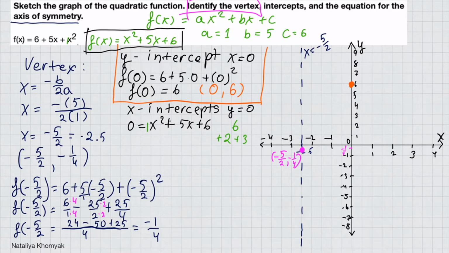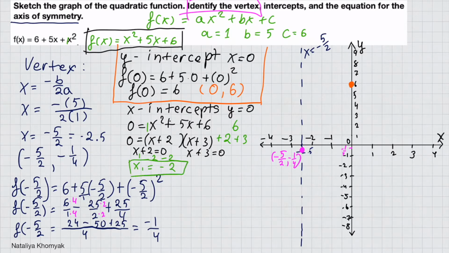Since the leading coefficient of x squared is 1, you don't have to do factoring by grouping. You can just use the shortcut and say 0 equals x plus 2 times x plus 3. To get our intercepts, you set each parenthesis equal to 0, so x plus 2 equals 0 and x plus 3 equals 0. Subtracting 2 from both sides, the first x-intercept is -2. Subtracting 3 from both sides, we get x2 equals -3.